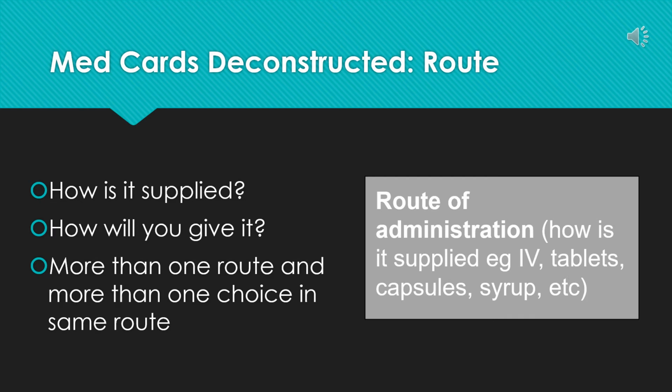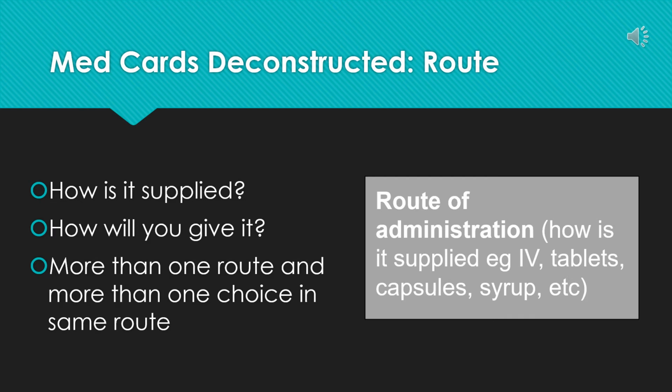There are sometimes more than one choice in the same route. So for instance, sometimes there's capsules, sometimes there's pills, sometimes there's regular release, sometimes there's extended release or sustained release or whatever. Sometimes in an oral form you'll have a liquid, a syrup, or an elixir, or a suspension. Lots of different ways.